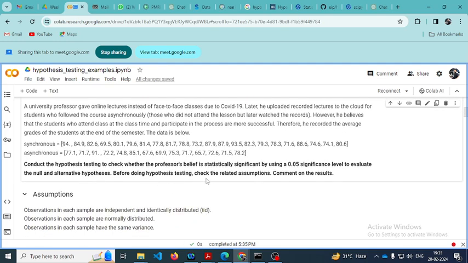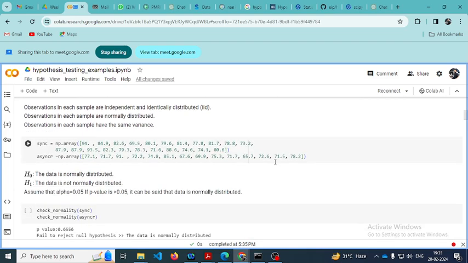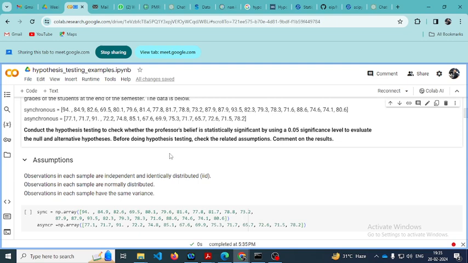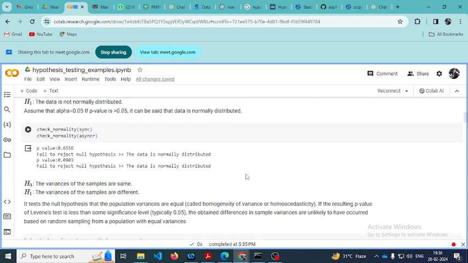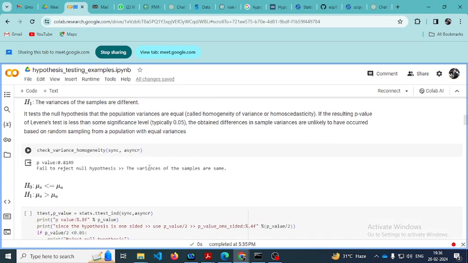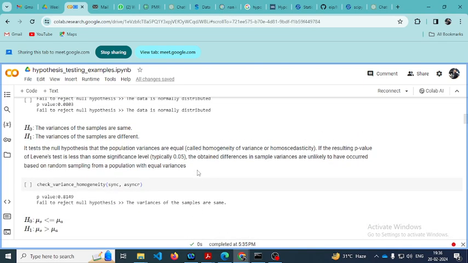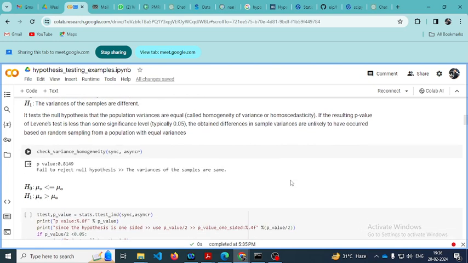So we can come to the conclusion that his belief is true. Based on this hypothesis testing, you can make this decision. Like this, you can make decisions based on hypothesis testing. Any questions regarding this example?